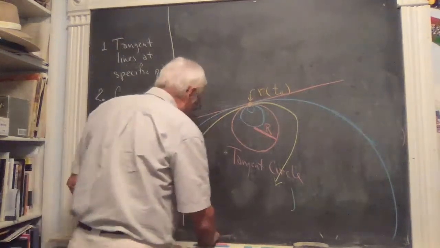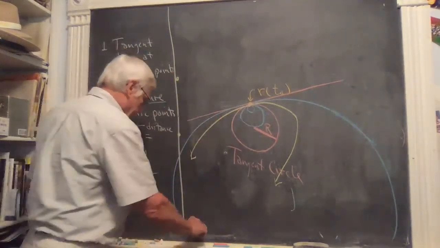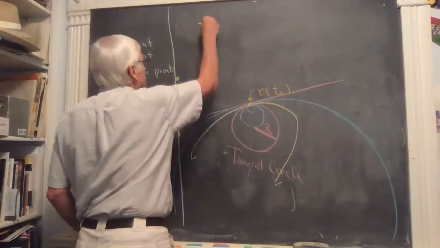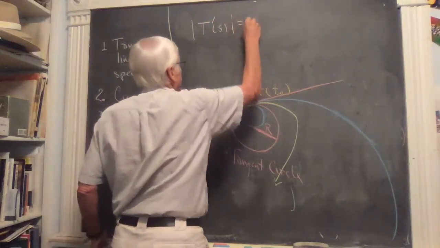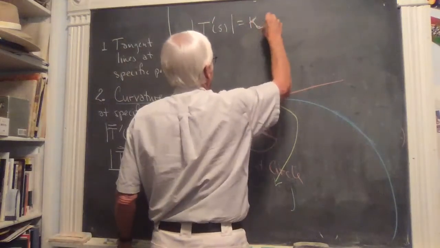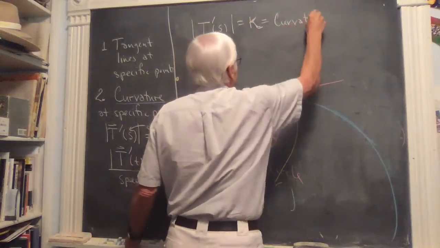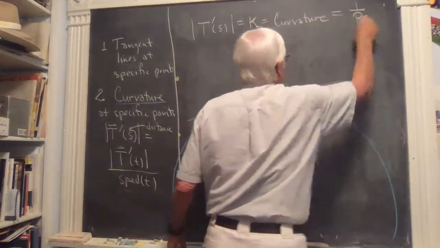And this radius is a measure of this curvature. And the curvature we compute here, the length of T prime of s, this is called kappa, the Greek letter kappa, curvature, is equal to 1 over this radius.